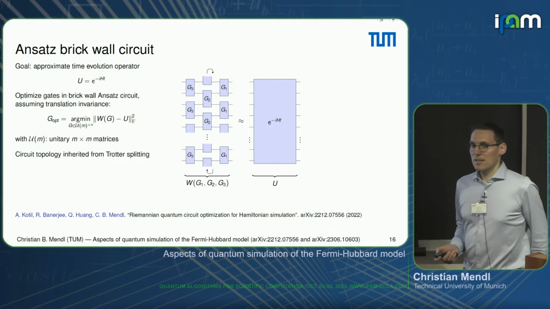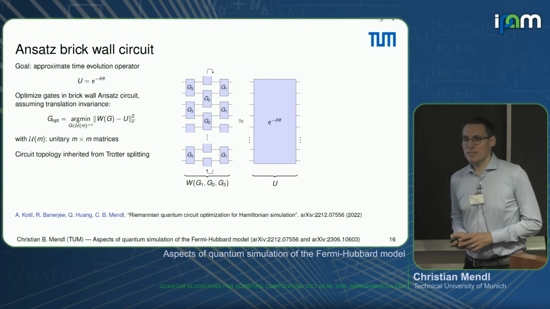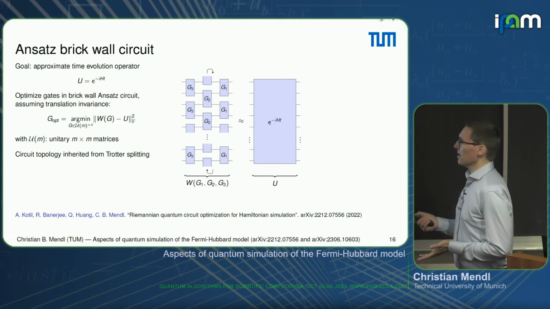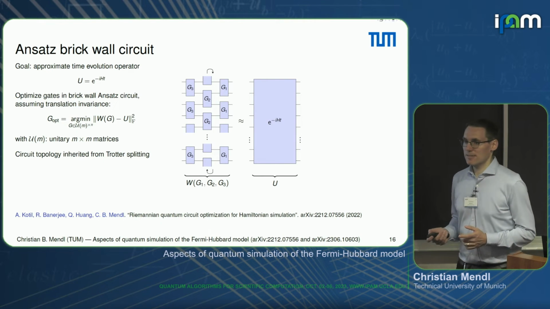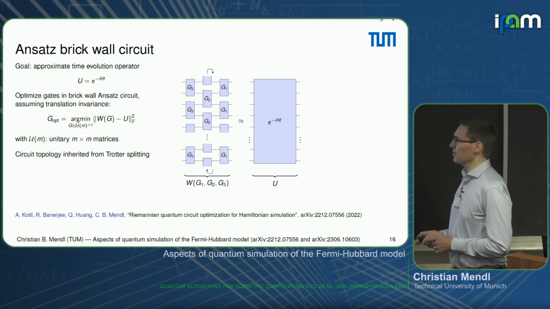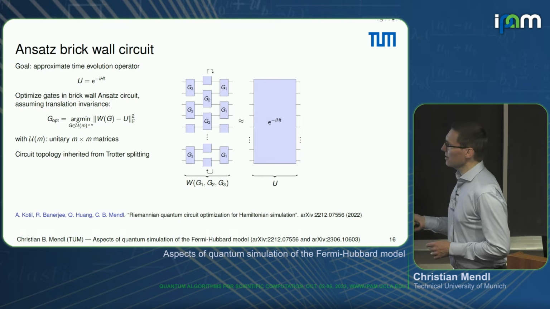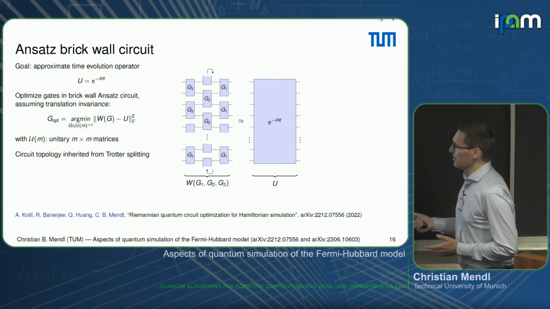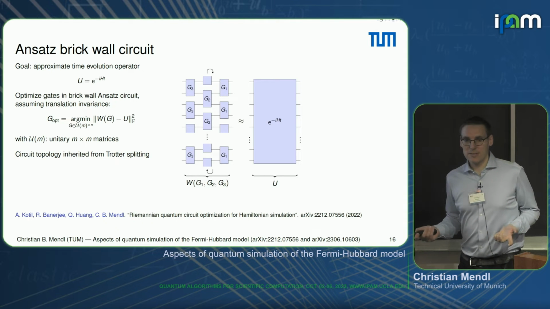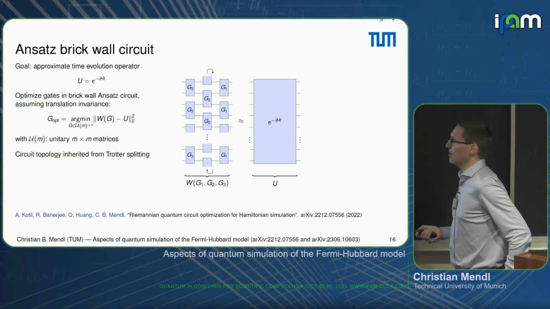This is conceptually a bit different from other works where you could treat these gates as just parametrized gates, like some rotation gate, and then optimize the parameters of the rotation gate. But here we explicitly say that we don't assume any parameterization. We just treat them as matrices, but of course they have to be unitary.